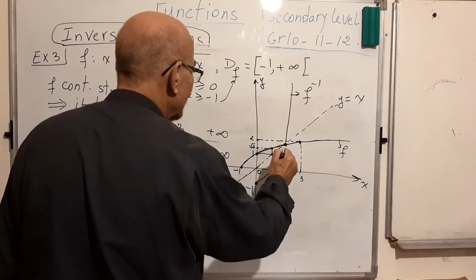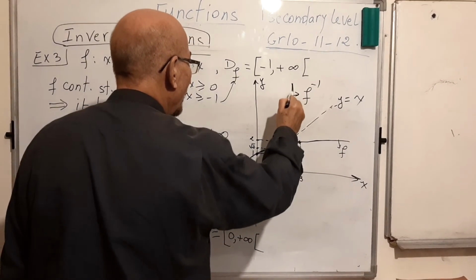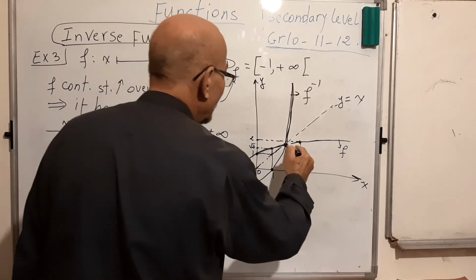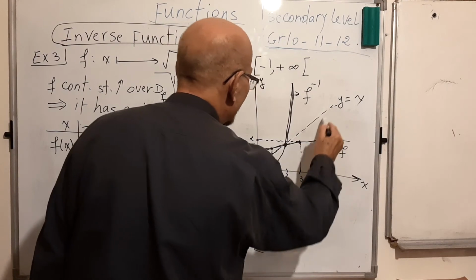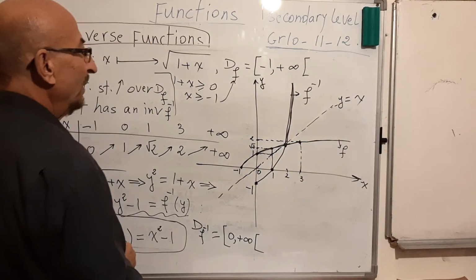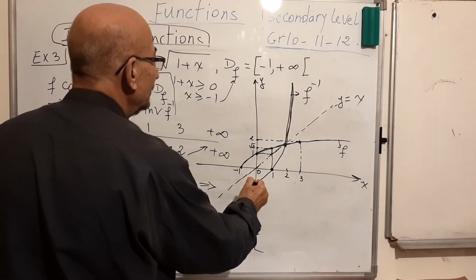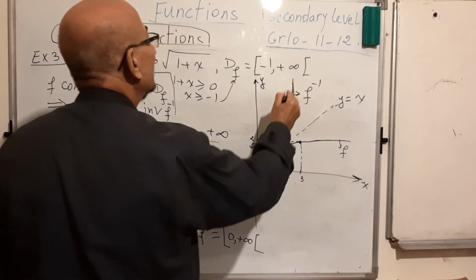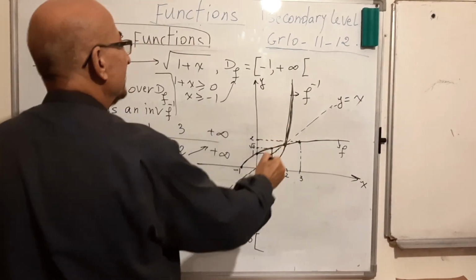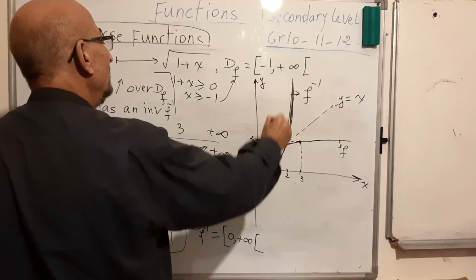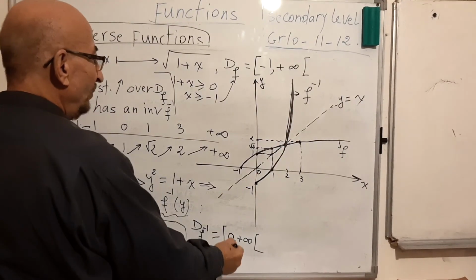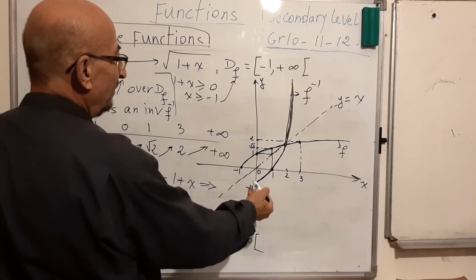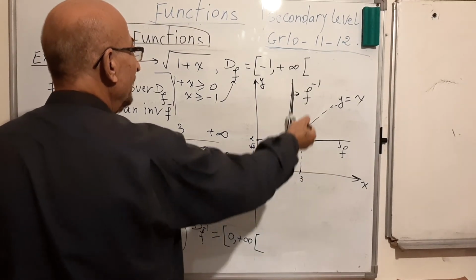This part is the symmetric of this part with respect to y equal x. So the graph of f minus 1 is a part of a parabola in the domain [0, plus infinity).